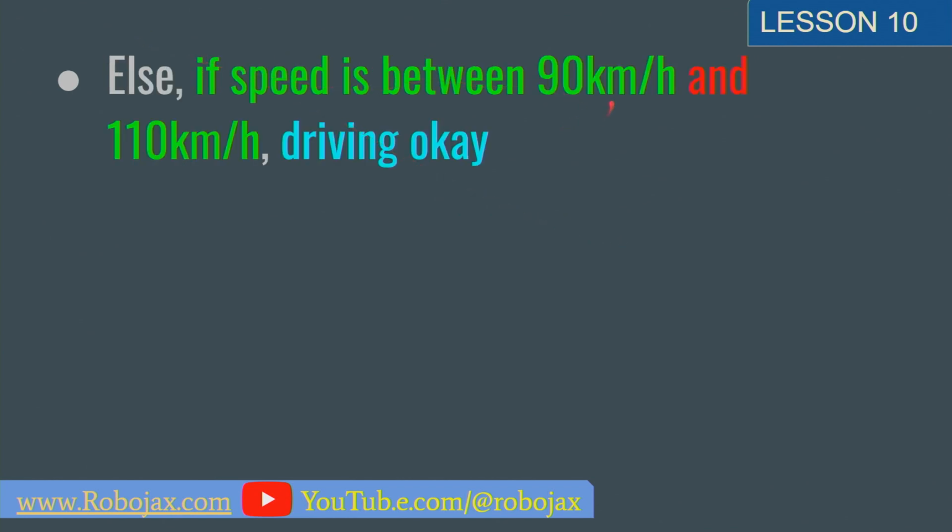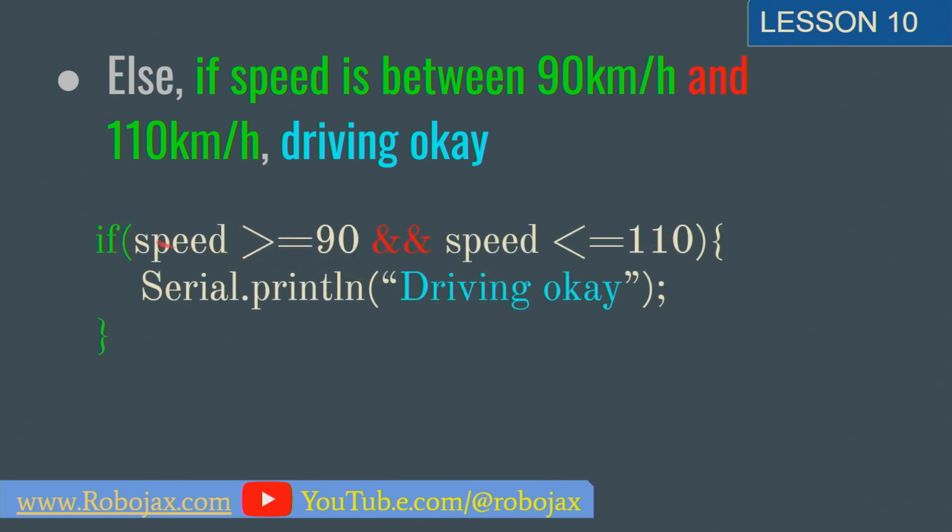If the speed is between 90 and 110 kilometers, now we have and, driving okay. Now let's see how we can implement and. If speed is greater than or equal to 90, 90 is also included here, and then and, speed is smaller than or equal to 110.